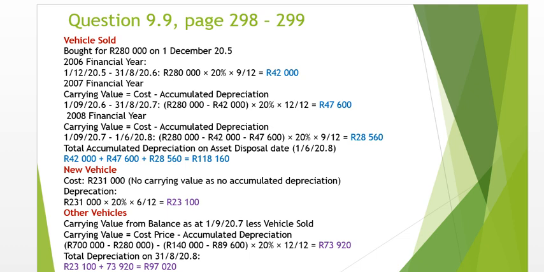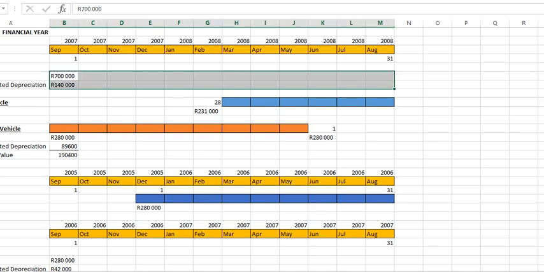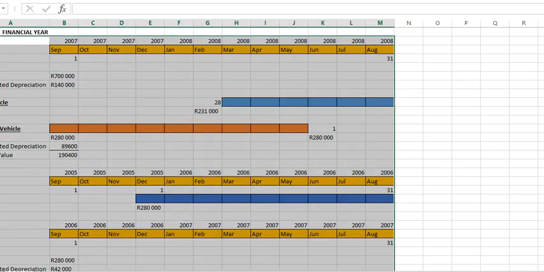So the most important thing to do is you always need to draw your timeline. Your timeline is your best guide as to how to answer the question and how to understand what is going on. So it basically draws a picture of what is going on.